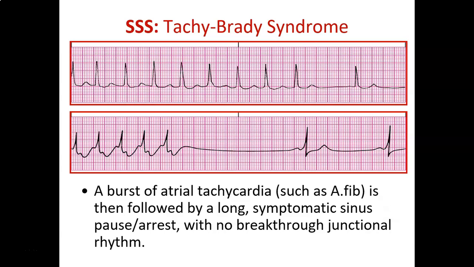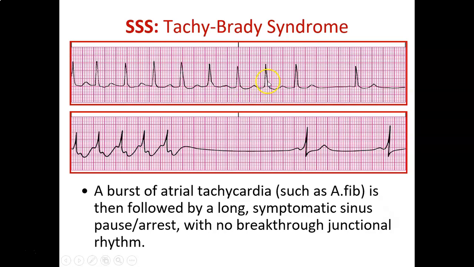One of the varieties of the sick sinus syndrome is tachy-brady syndrome, where there is a burst of atrial tachycardia, for example, atrial fibrillation. Then this is followed by a long symptomatic sinus pause or arrest with no breakthrough junctional rhythm.